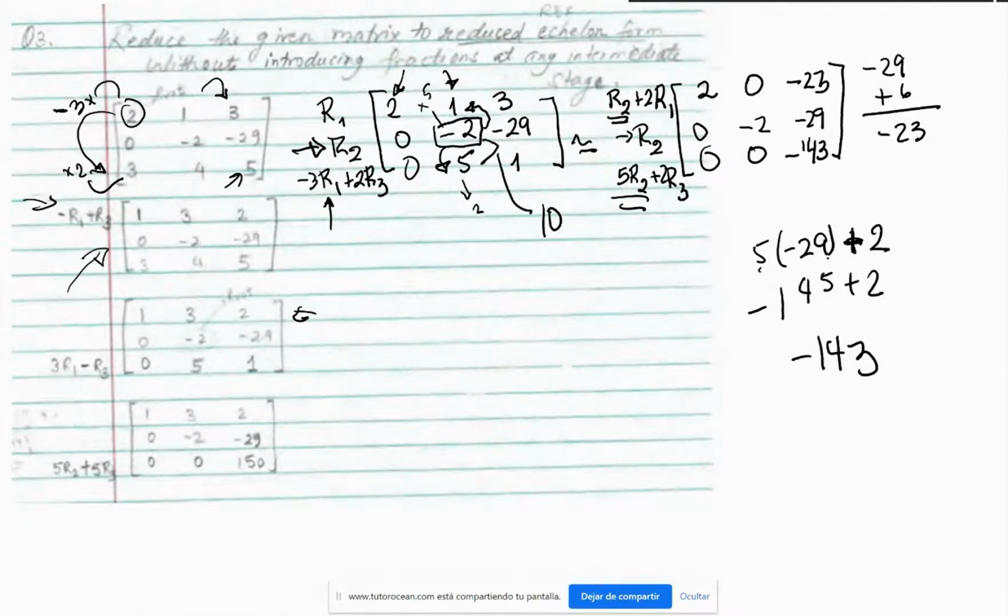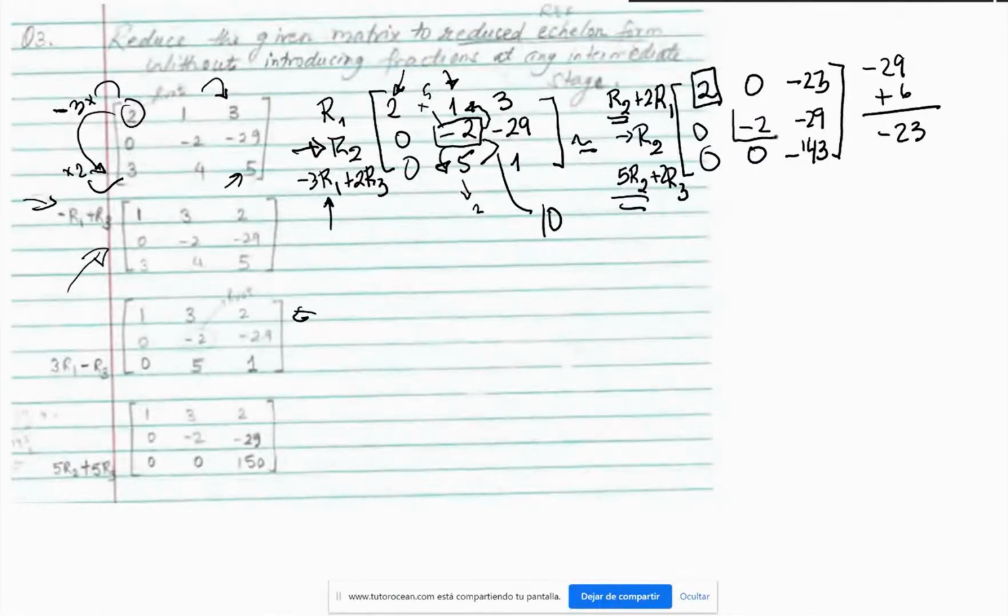At this level, you have almost the echelon form, but you need to get zeros up there.